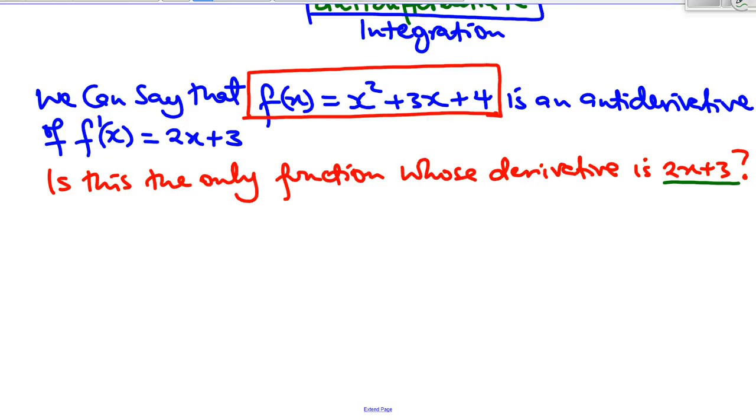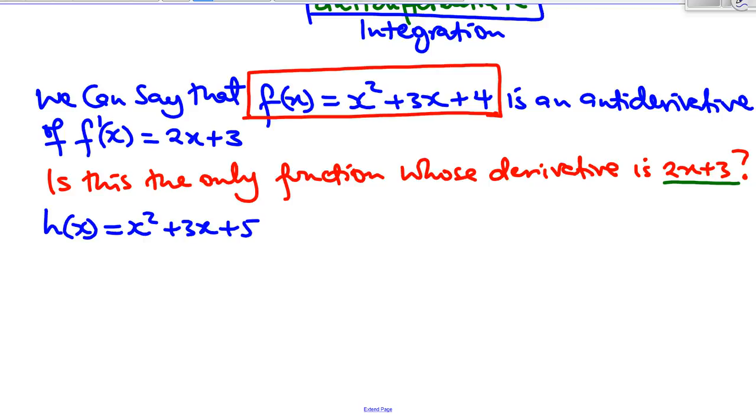Well, let's try and inspect a few other functions before we generalize this. Suppose you have another function, say h of x, which is x squared plus 3x plus 5.